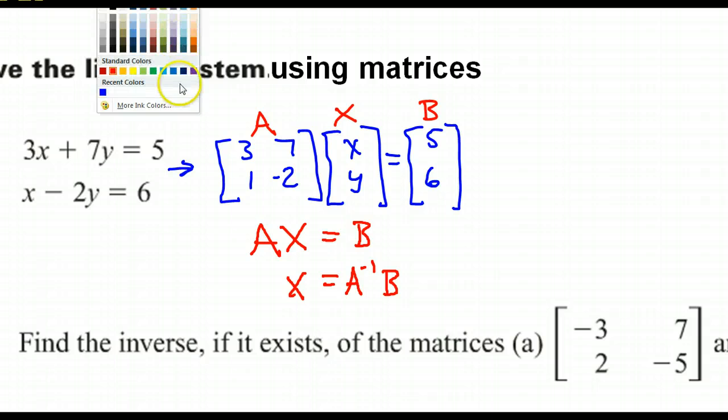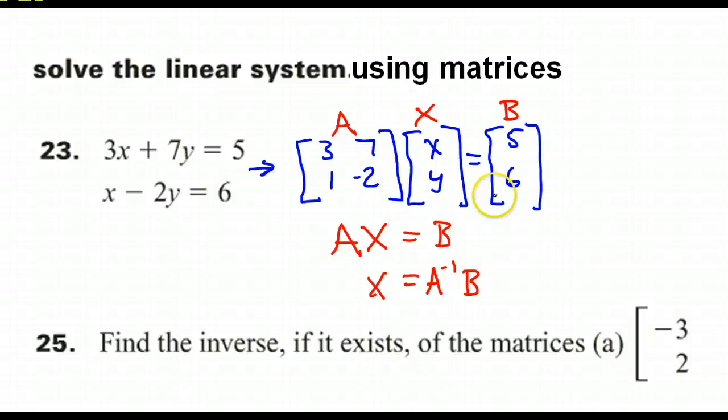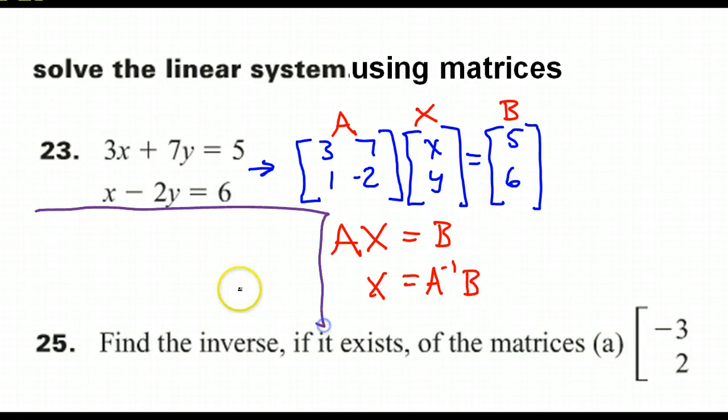Now I'm going to change colors and do that off to the left. So I need A inverse. I have B, so I need A inverse. So over here, off to the side, I'm going to find A inverse. How do I find A inverse? Well, first I need the determinant.